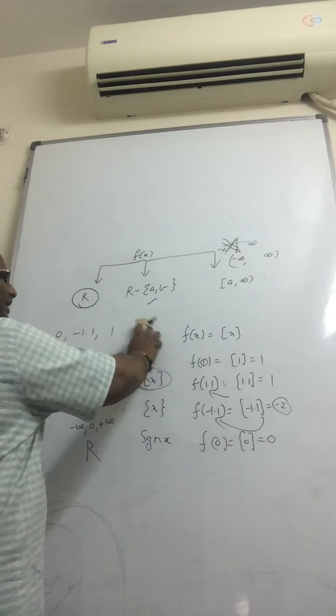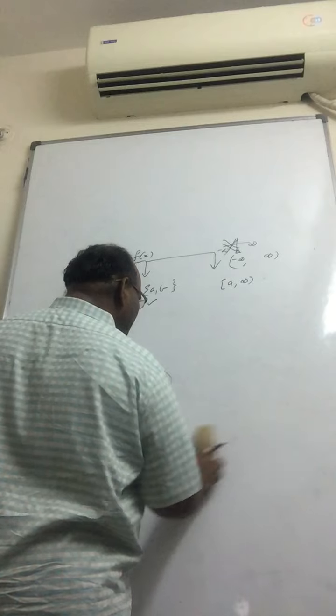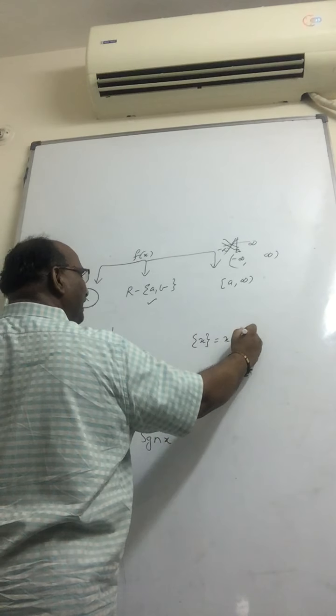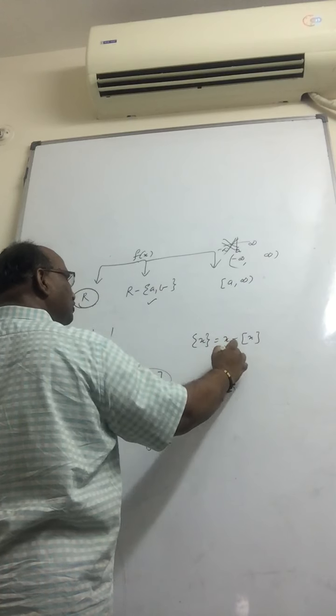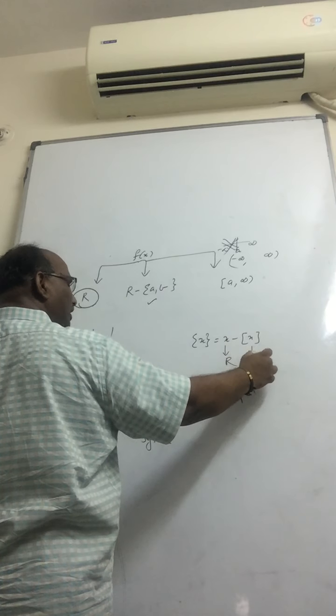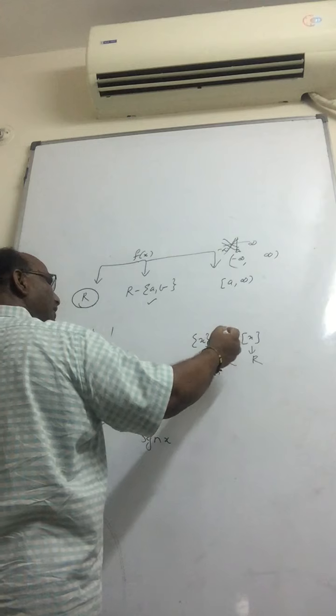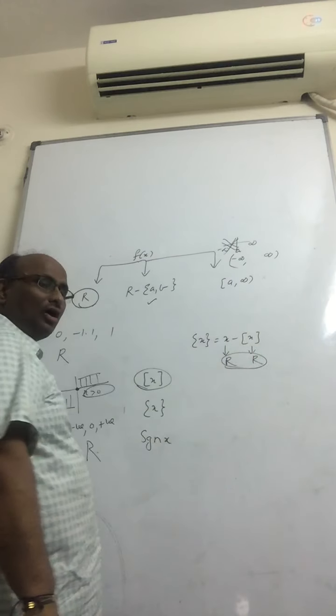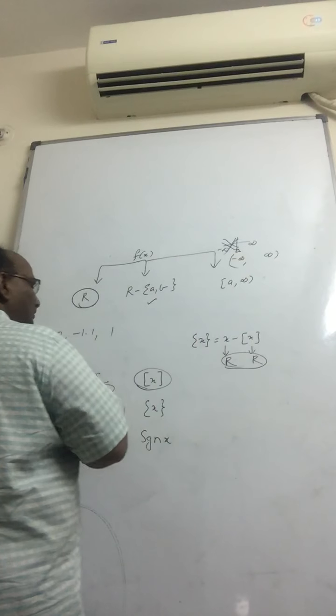In the same way, the fractional part of x, x minus integral part, its domain is also real. Both functions are defined for real numbers, and for addition or subtraction, obviously the domain is real.